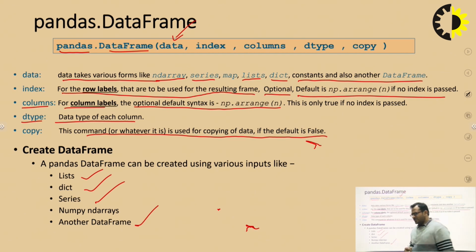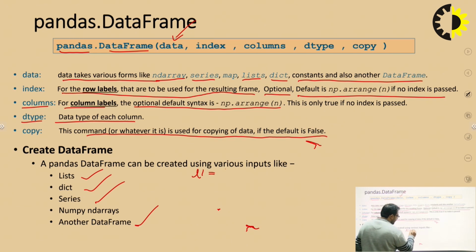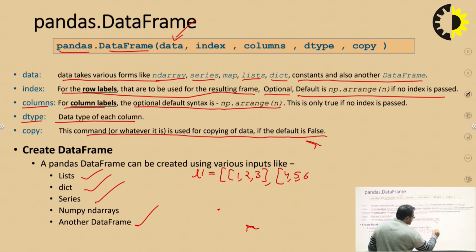I'll take a small example for this. I'll explain how you can create a data frame using a list. Suppose I have a list L1 equal to [1, 2, 3] and [4, 5, 6]. This is a list having 2 rows and 3 columns.